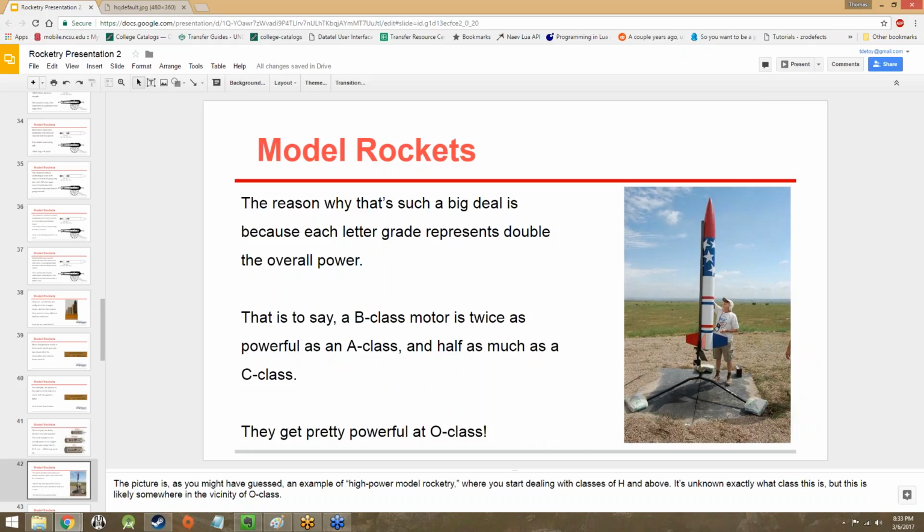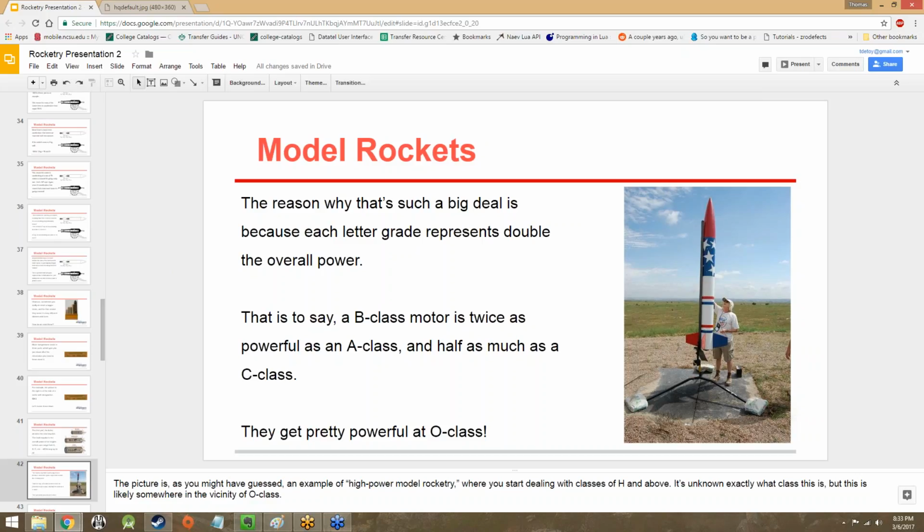So if H is the beginning of high-power model rocketry, and let's see here, A, B, C, D, E, F, G, H, and I'm counting on my fingers. You can all judge me. An H-class motor is 256 times more powerful than an A-class motor. An O-class motor is 128 times more powerful than an H-class motor. That is to say, an H-class motor is the same amount of power as 256 A-class motors, all running at the exact same time.